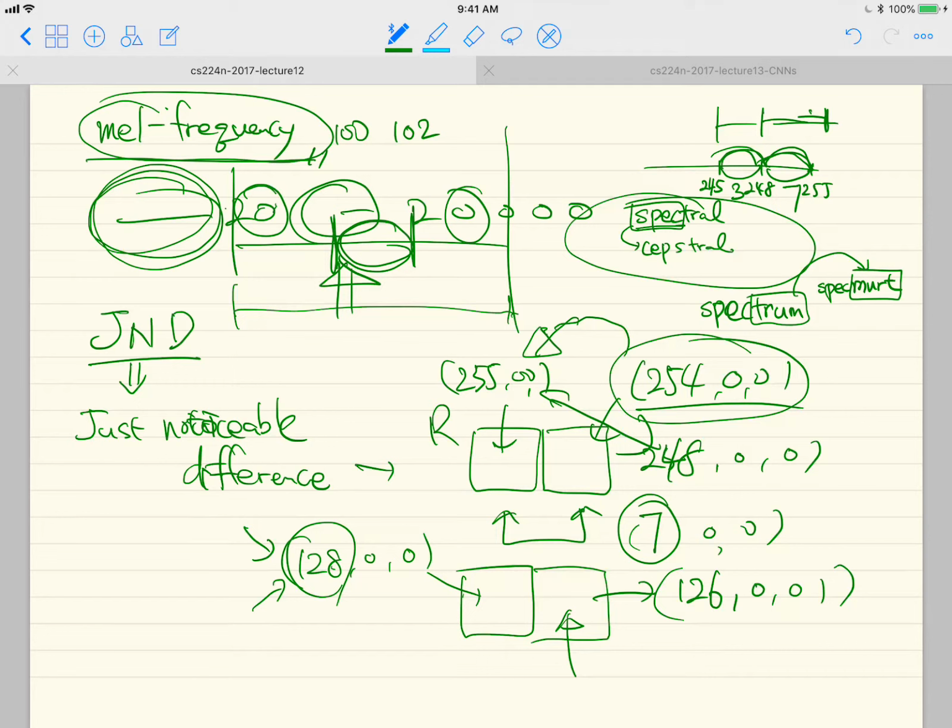A spectrogram doesn't involve any of these mel frequency things based on human perception, or additional processing of changing spectral into cepstral and things like that. It's just a simple frequency component extraction.